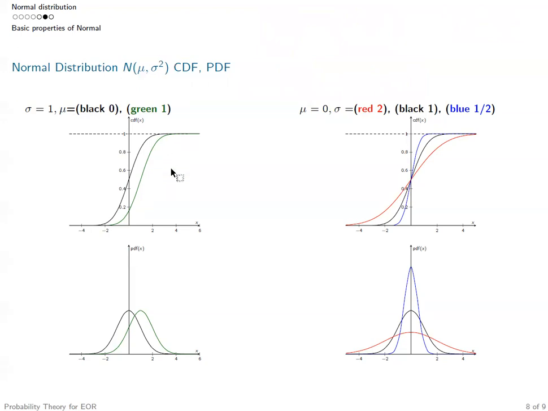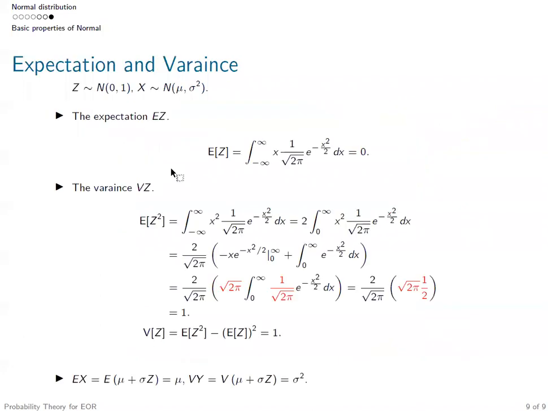Next, let's consider the expectation and variance. In the formal definition, we already mentioned that Z has 0 mean and variance 1, but let's verify that such a density function indeed produces 0 mean and variance 1. So what is the expectation of Z by definition? It is the Riemann integral of x multiplied by the density function.